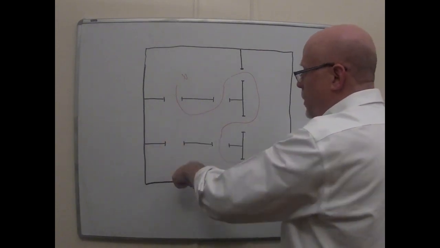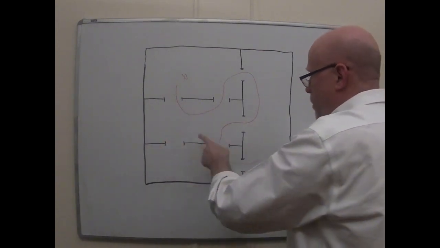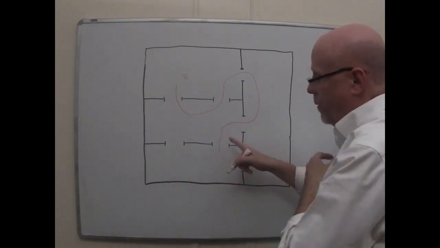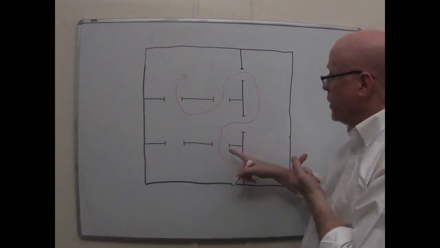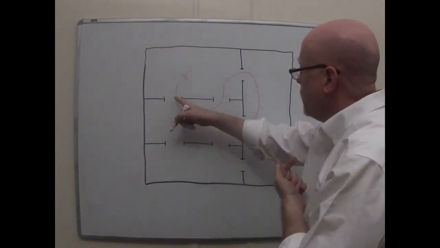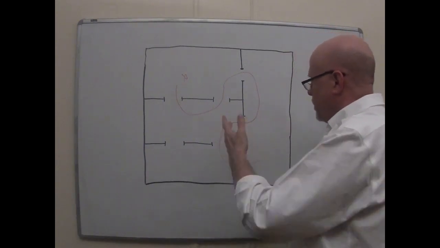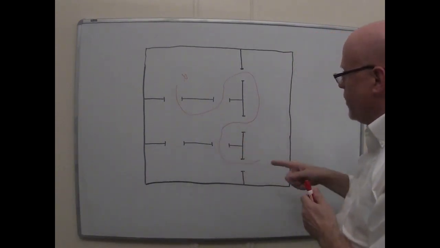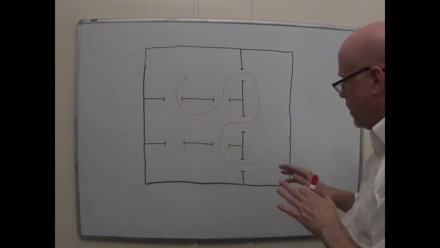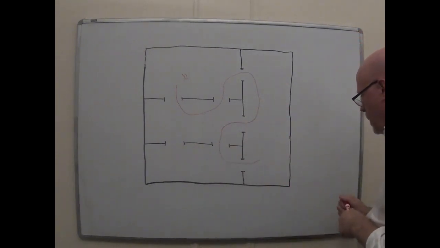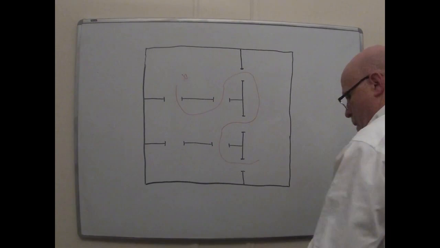And if I had turned the other way, I'd be stuck on this end and have no way out of this room without going through a doorway that I'd already used. And so I'd never be able to get to that one. And so you might think that it's just I didn't start out well or something, but it turns out that it's definitely impossible to do.